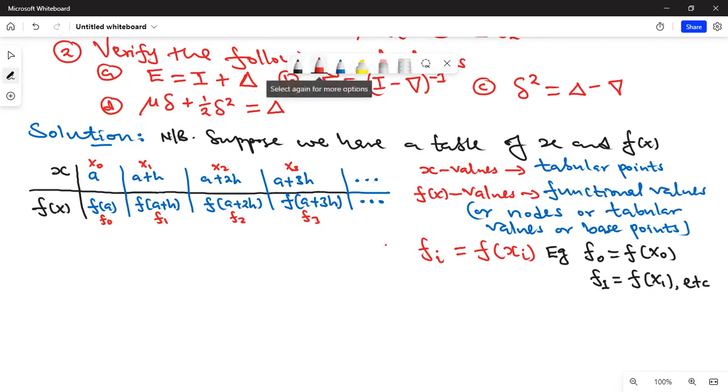Now, again, this h here is called the step size. It is the step size, or there's a better name that we refer to it. It is called the interval of differencing.